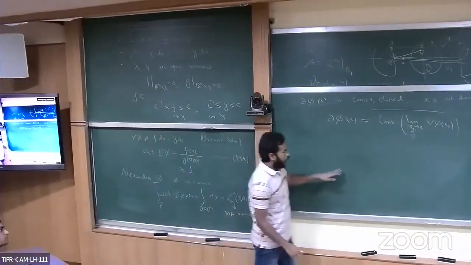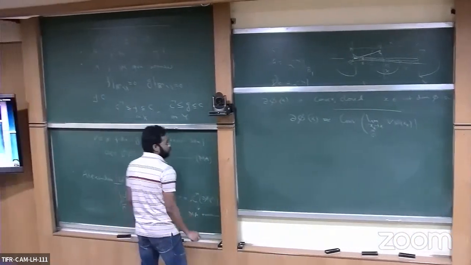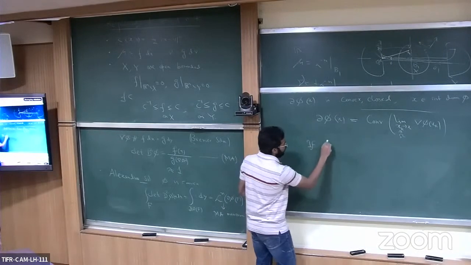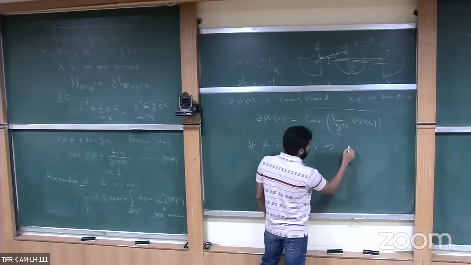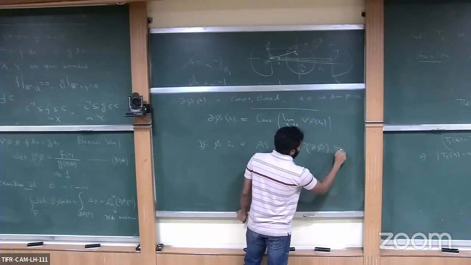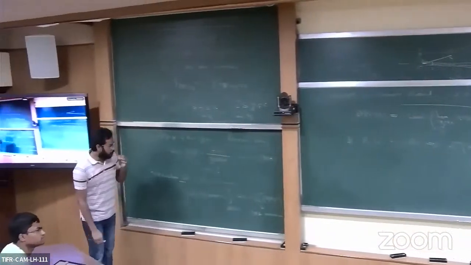So let us see what happens to our Brenier solution. What we have now is that if φ is an Alexandrov solution, then the Monge-Ampère measure is almost comparable to the Lebesgue measure, right? That is what we have. Now let us see what happens to the Brenier solution.